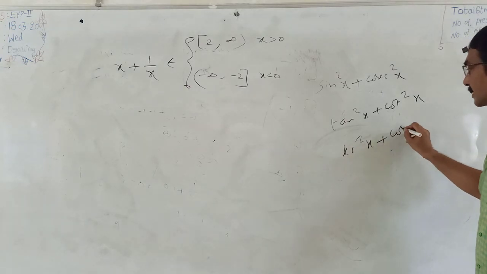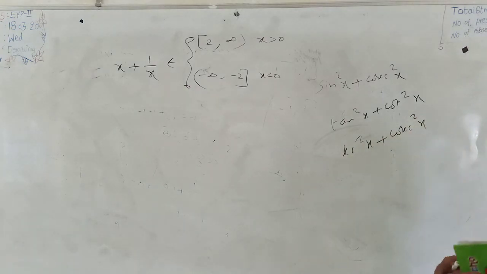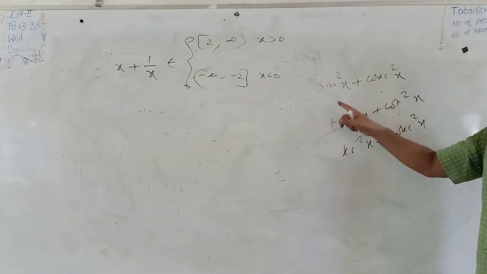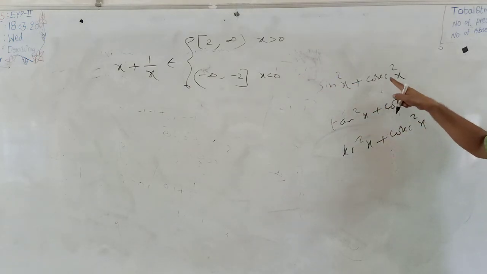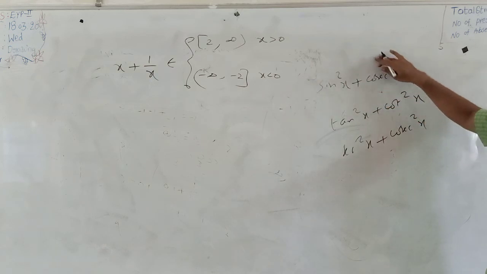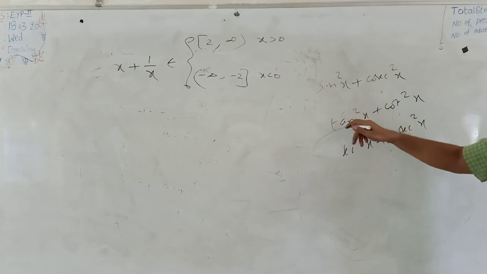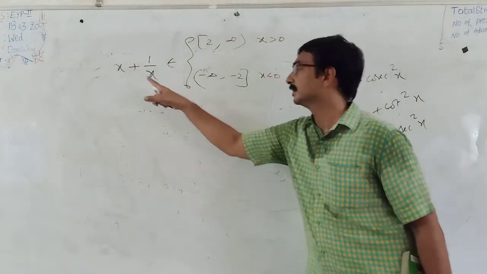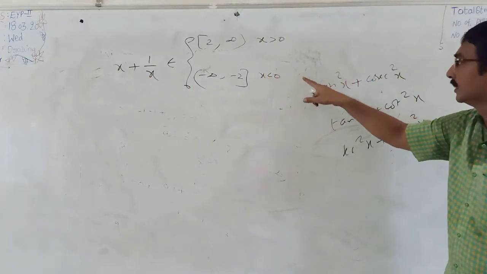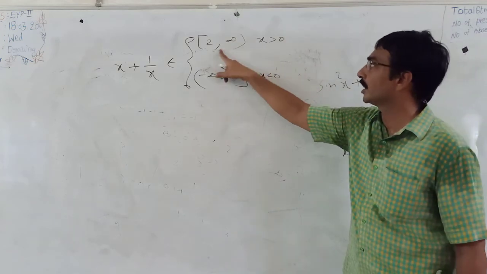Secant square x plus cosecant square x. This is in the form of x plus 1 by x because cosecant square is 1 by sin square. Sin square plus 1 by sin square. Sin square of some value is always positive, so in the place of x here is sin square x.